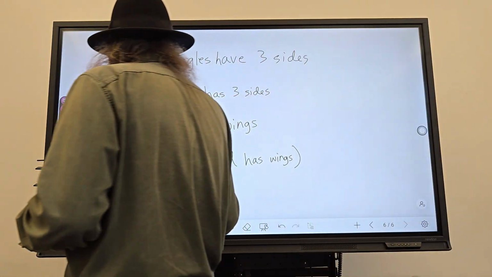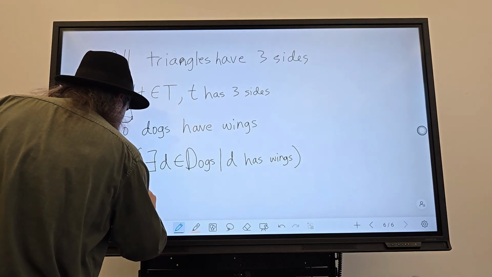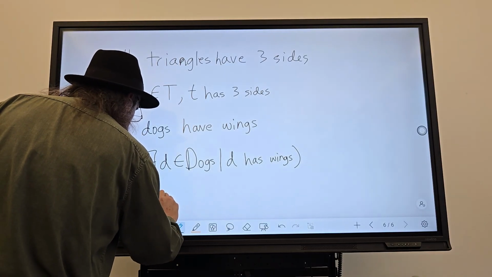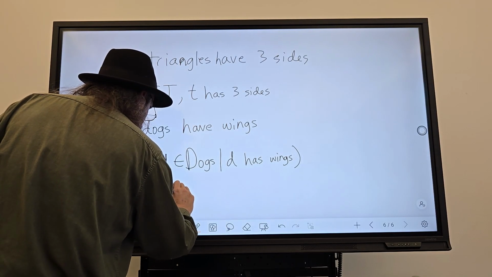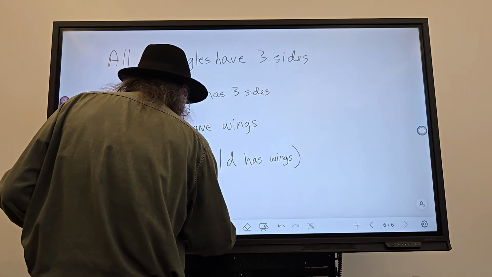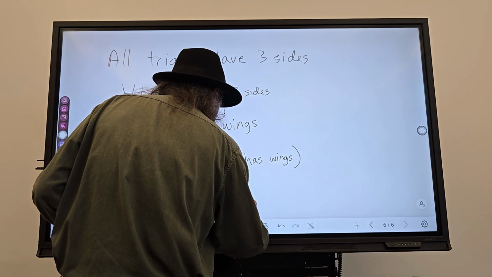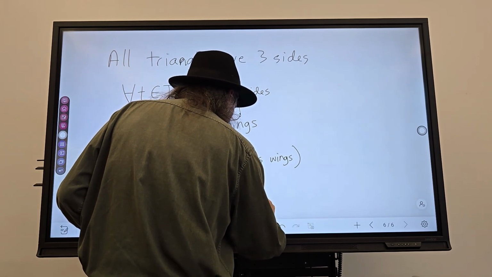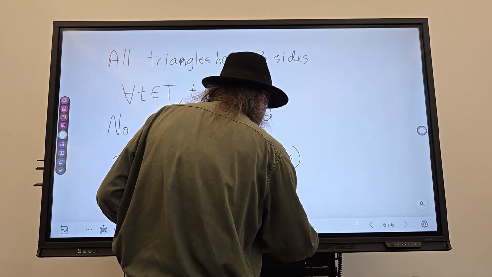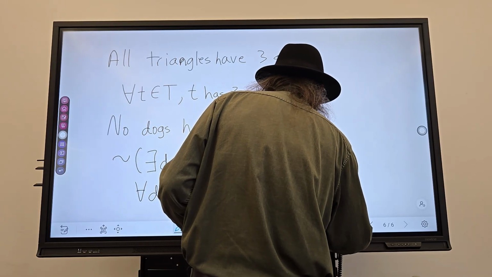Or you can say, for all D element of dogs, D does not have wings.